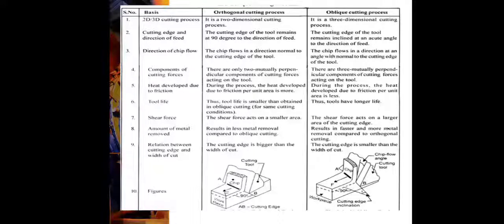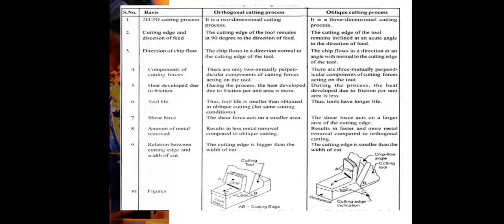And the components of cutting forces: there are only two mutually perpendicular components of cutting forces acting on the tool in orthogonal. While in oblique, there are three mutually perpendicular components of cutting forces acting on a tool.